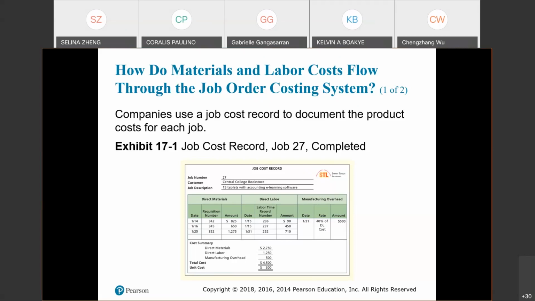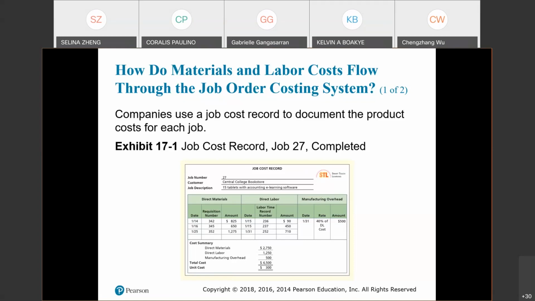Most customers order a batch of customized tablets, and the company considers each customer order as a separate job.